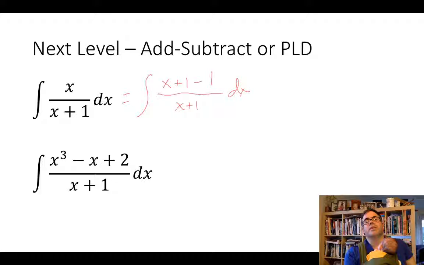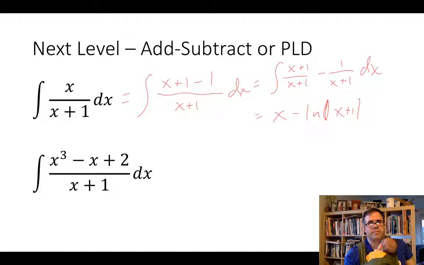Then, once you've done that, you can split it, right? So you get the integral of x plus 1 over x plus 1 minus 1 over x plus 1. This is just 1, you integrate term by term. So it becomes x minus the natural log of the absolute value of x plus 1, plus c.